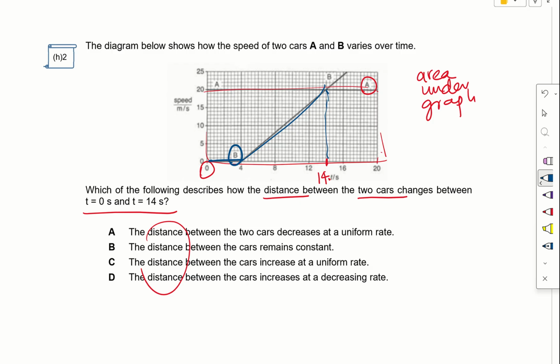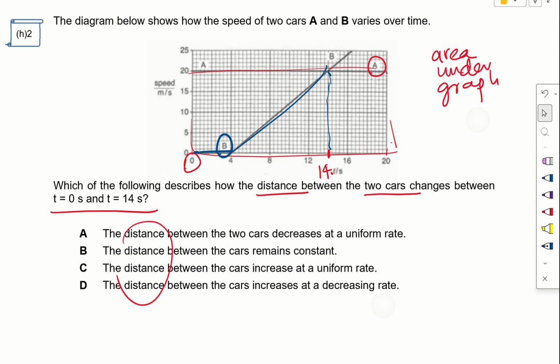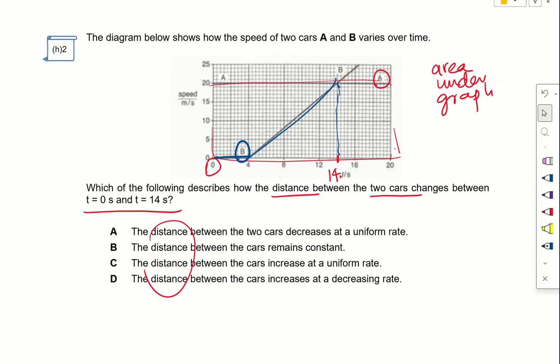The distance between the two cars decreases at a uniform rate. What do you all think? Does it decrease at a uniform rate? I need you all to think in terms of speed. If I have two cars that are racing, and A started off first at a very high speed of 20, and it just runs with 20 meters per second, whereas B is trying to increase the speed all the way to 20.